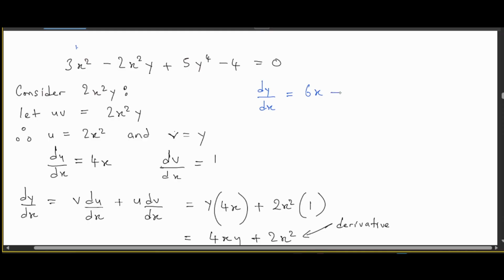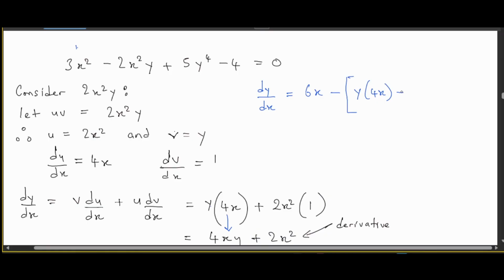Then we write what we got above. How do we write it? The first term we have is 4x, let us write it like this, y times 4x, to make 4xy, so let us say y bracket 4x.